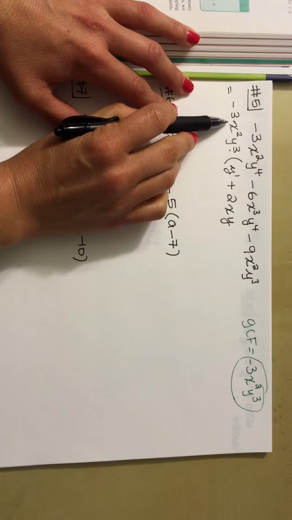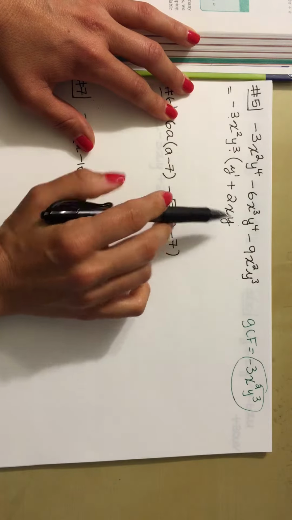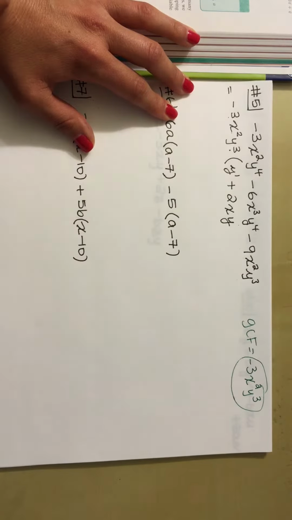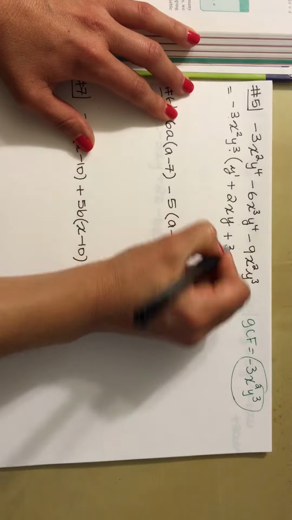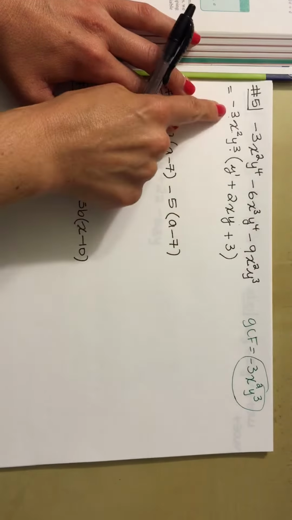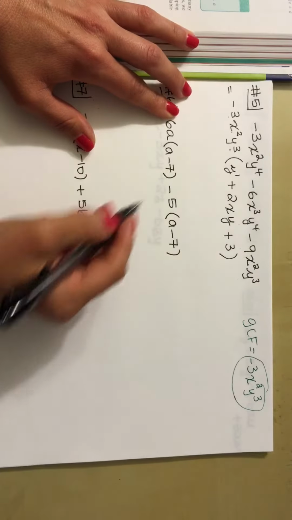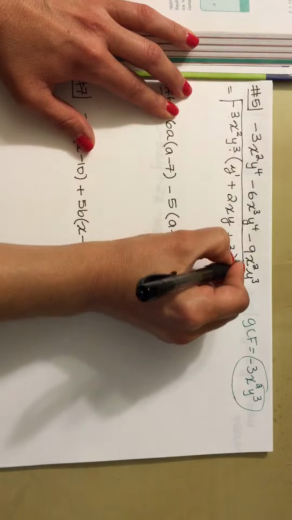Because if I take the GCF, multiply it with 2xy, you have to get -6x cubed y to the fourth, which I do, so I know it's correct. Plus 3, and that's it. Close the parentheses. -3 times 3, that's -9, and I get x squared y cubed. So that's our final answer.